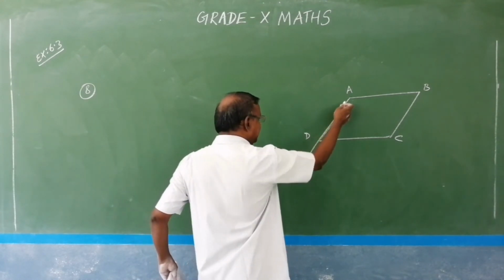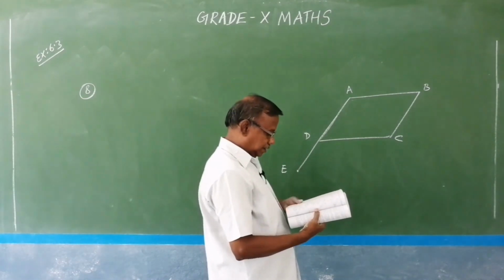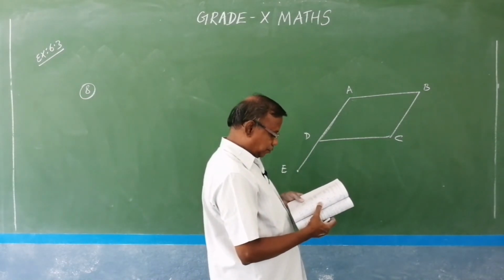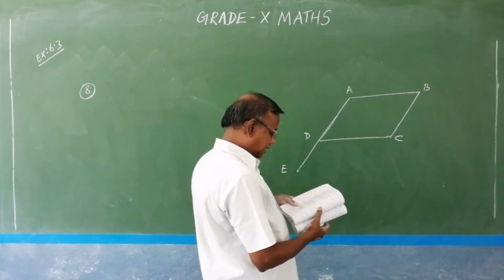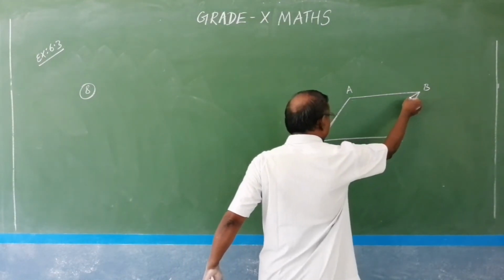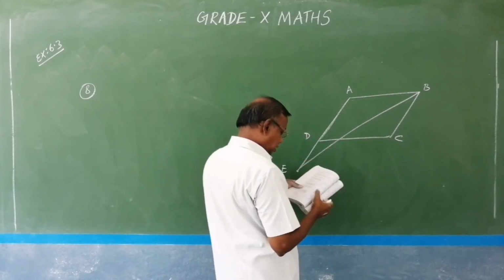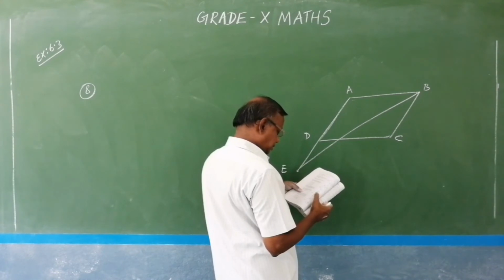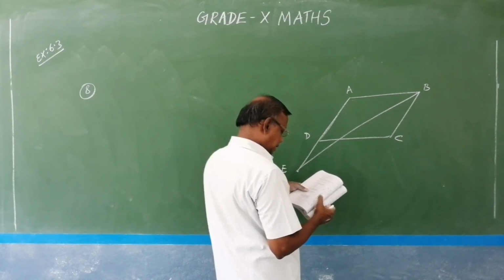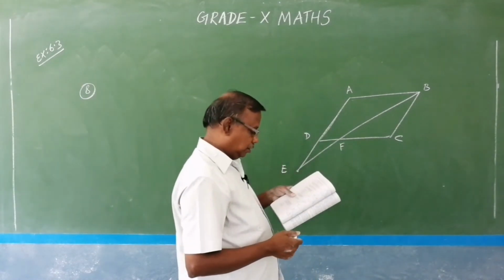We can produce AD up to E, and in parallelogram ABCD, join BE. BE intersects CD at point F.